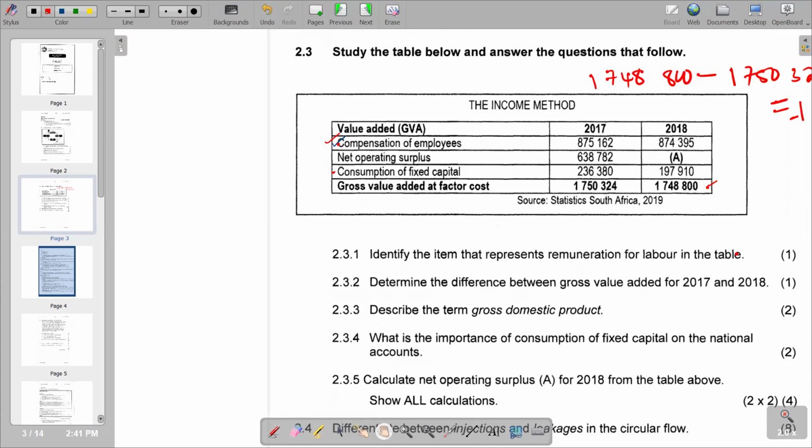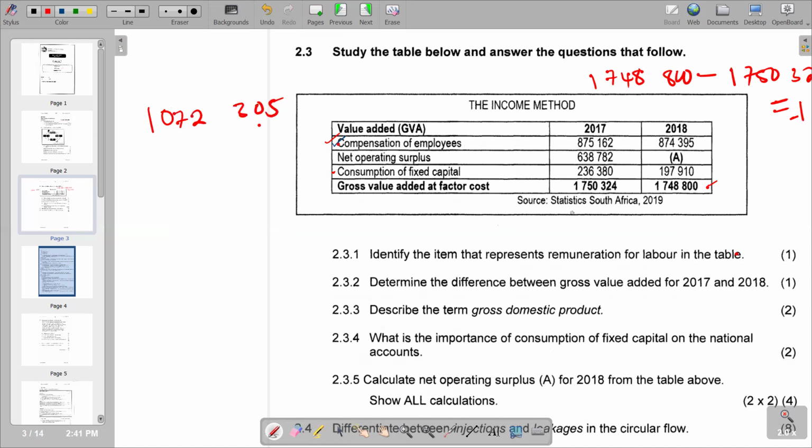So if you calculate there, you see that you're going to say 197,910. So if you add the two, you are going to get a total of 1,072,305.